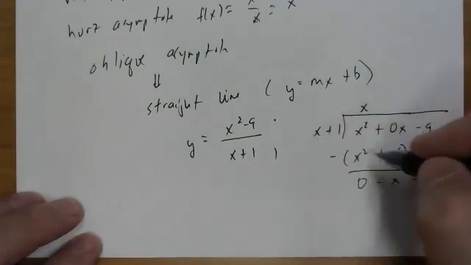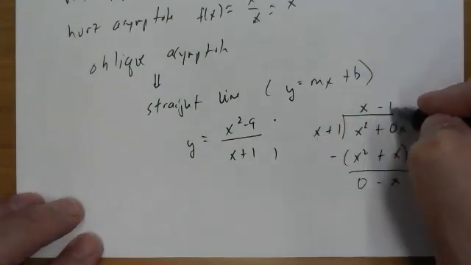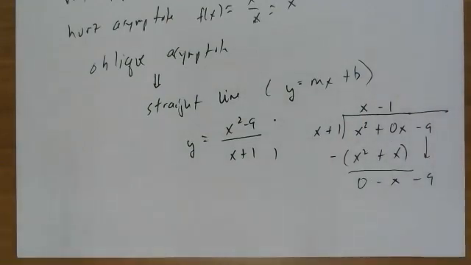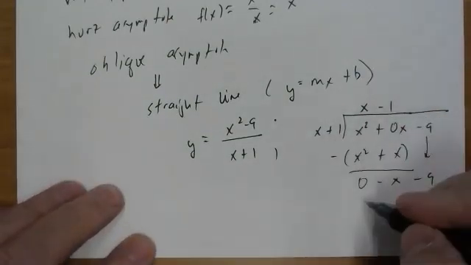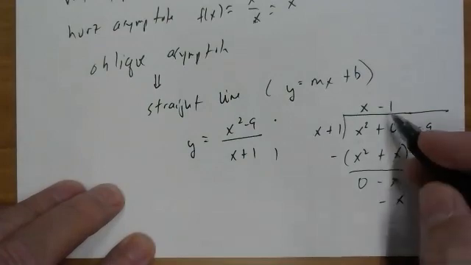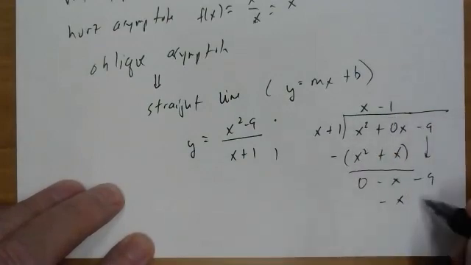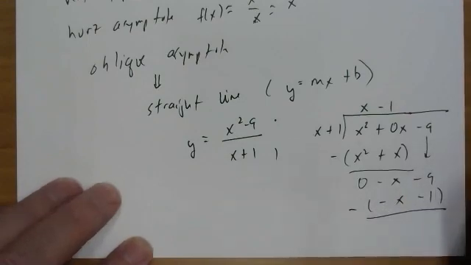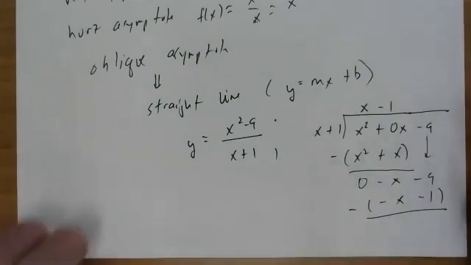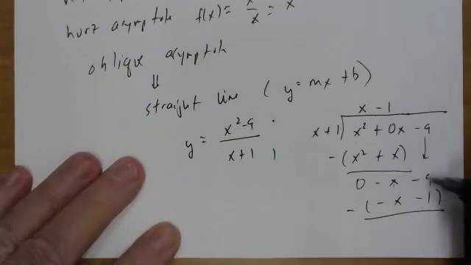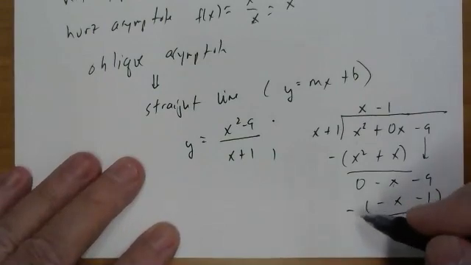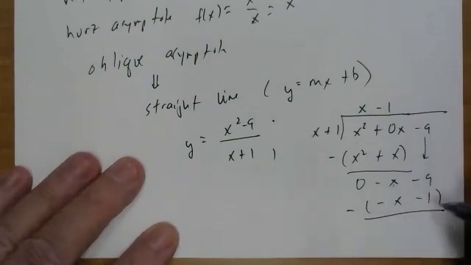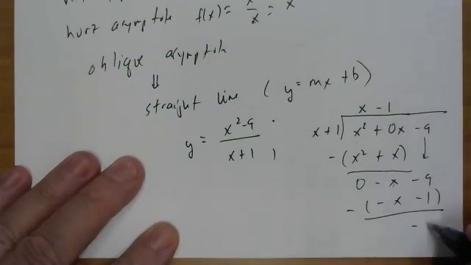So what times x equals negative x? Obviously negative 1, sorry about that. So negative 1 times x is negative x. Negative 1 times 1 is negative 1. Now you subtract all of that. These cancel out. You get negative 1, negative 9 plus 1.